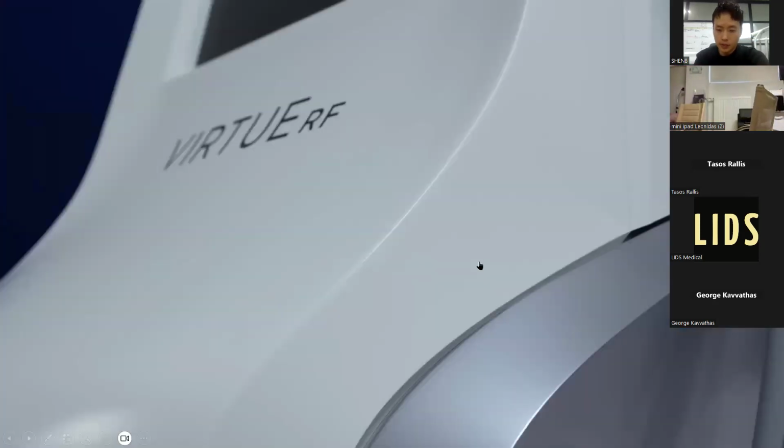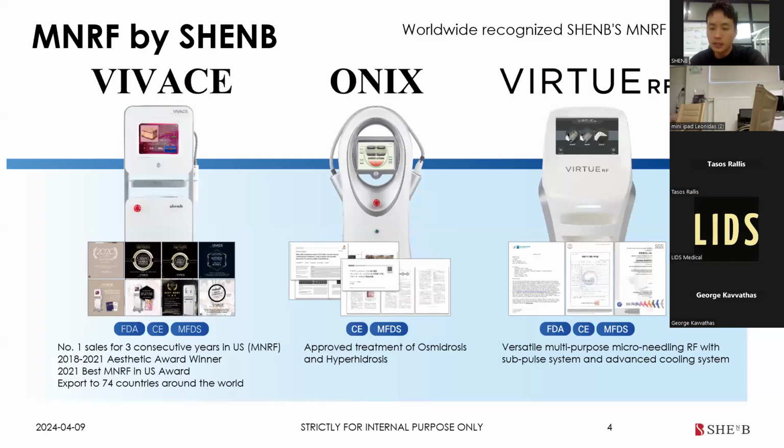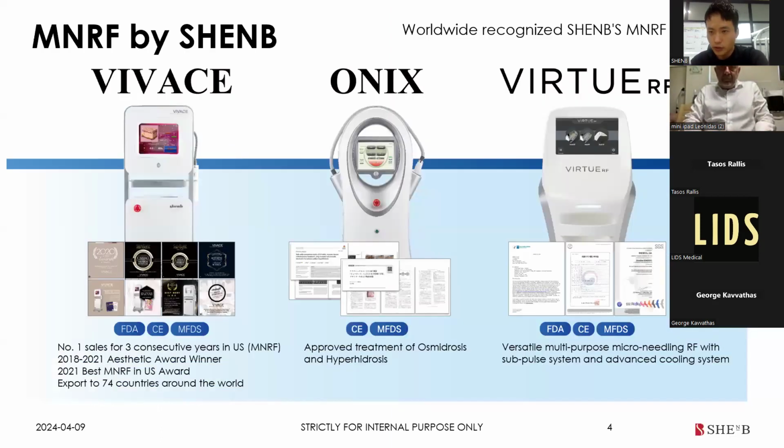So yes, we all know a little bit everything about Virtual RF. Basically, it is a device with 3 different handpieces: Smart, Deep, Exact. But currently, in the European market, we only have Smart RF, so I will be focusing on Smart RF only. Virtual RF is our most advanced microneedling RF device made by CMB, starting from Vivace.